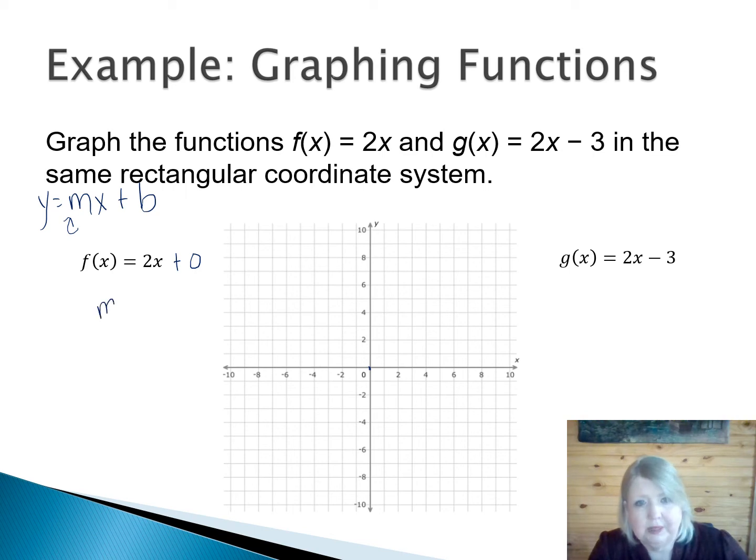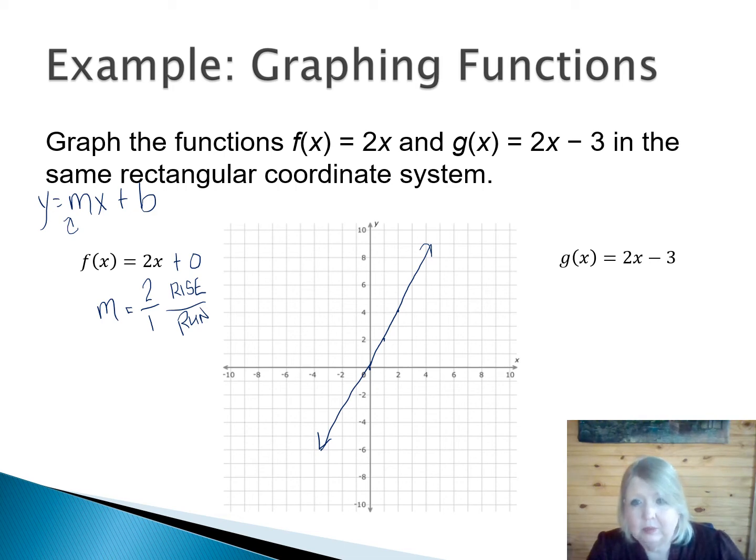My slope being 2, if I think of it as a fraction, that'd be 2 over 1. And this is rise over run. So from my point that I know is on that line, I go up 2 over 1, rise 2, run 1. And I do it as many times as I need to be certain that I'm going to approximate the line. And then I draw the line, extending in both directions.